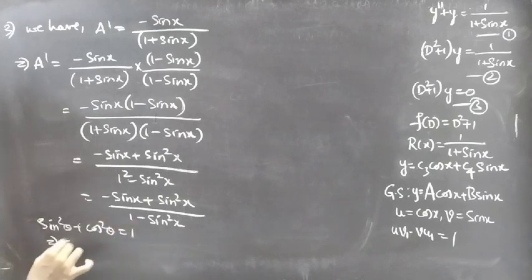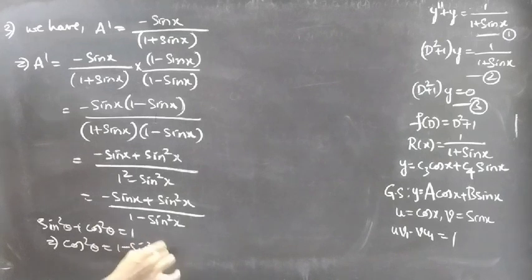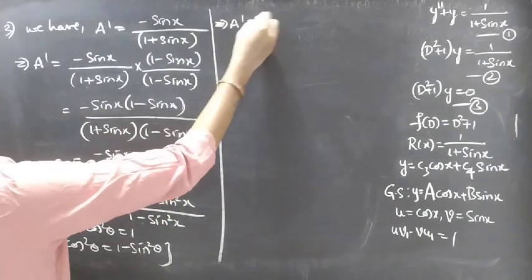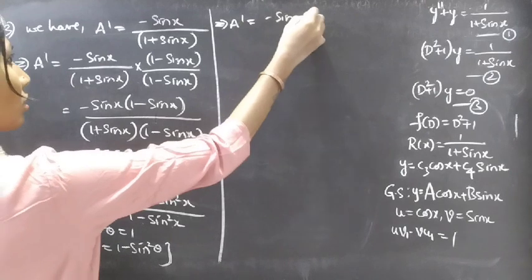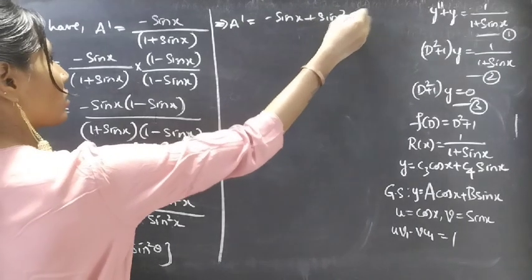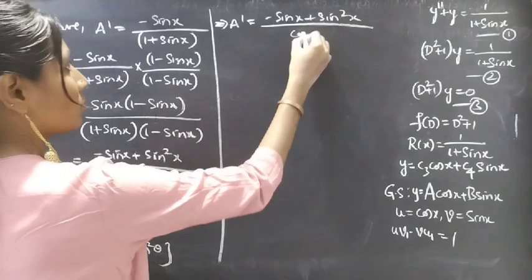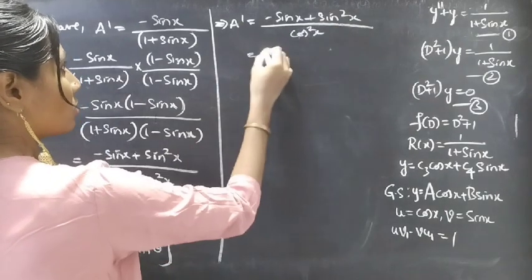From this we get cos square theta equals 1 minus sin square theta, right? So let's replace 1 minus sin square x with cos square x, and we'll get A dash equals minus sin x plus sin square x by cos square x.